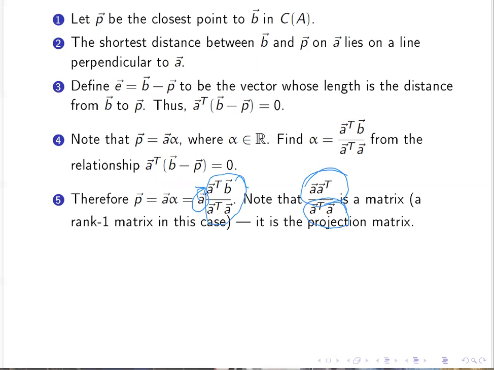So that's going to be a number times a matrix. In fact, it's going to be an outer product kind of idea, so it's going to have rank 1. This is where that rank idea comes back in. And this actually is our projection matrix. The key thing to notice here is that I'm multiplying A times its transpose.